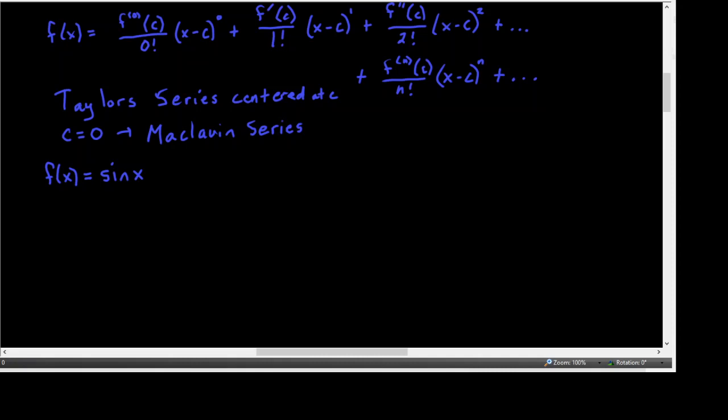Let's form a Maclaurin series by taking the successive derivatives. So the first derivative of sine of x is cosine x. The second derivative is negative sine of x. The third derivative is negative cosine of x.